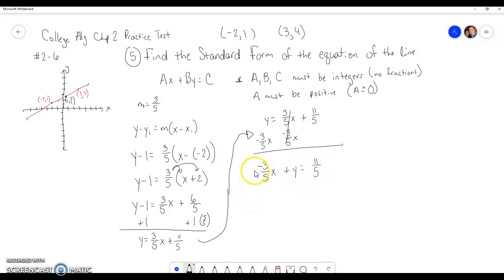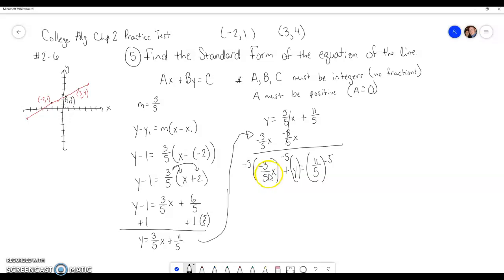Well, now remember my a must be positive, and I cannot have any fractions. This a is negative, so I need to multiply by a negative. And I also need to multiply by 5 to get rid of that 5 in my denominator. So I'm going to multiply every term here by negative 5.